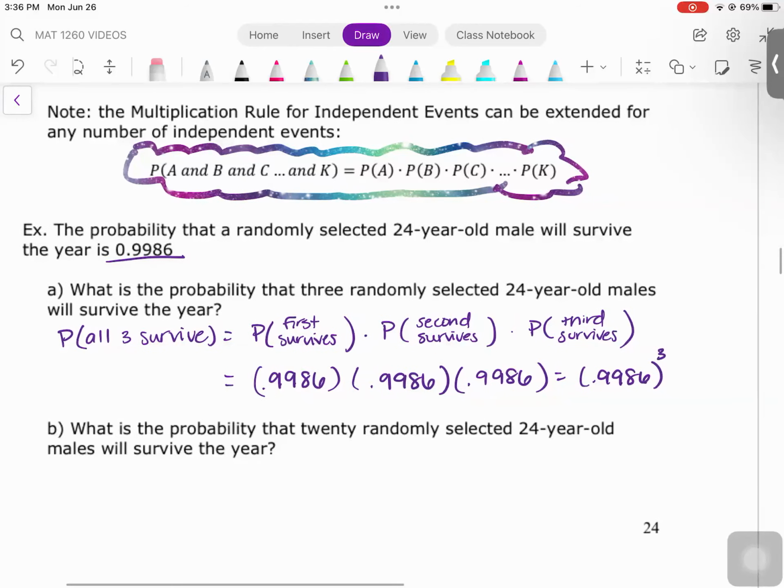So we can use the exponent function in our calculator. If you don't know how to use your calculator to evaluate exponents, please get with your instructor and make sure that you know how to use your technology. But 0.9986 raised to the power of 3, and if we round that, we're going to get 0.996.